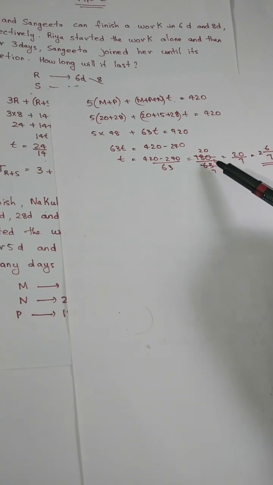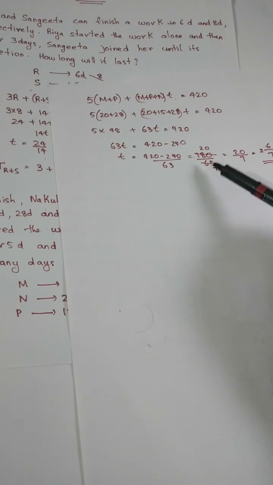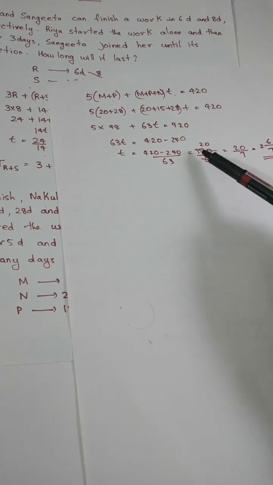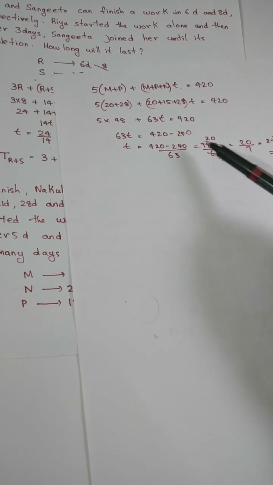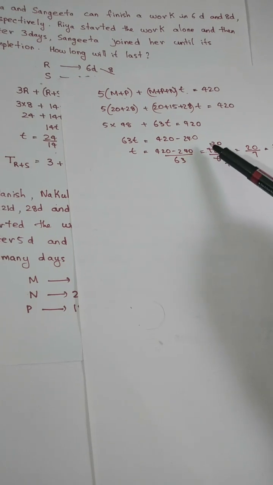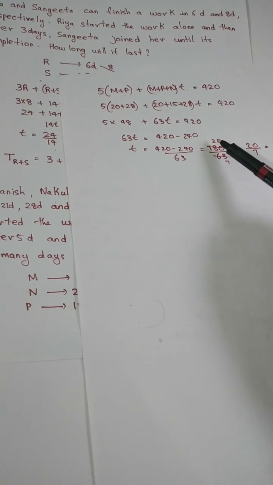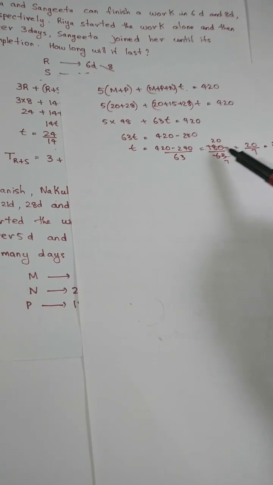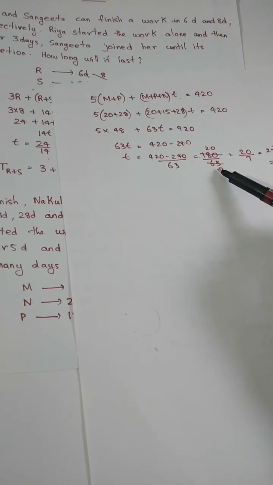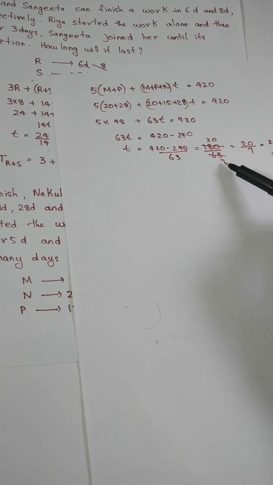There is a common number in 180 and 63: 9 is common in both. So 180 divided by 9 is 20, and 63 divided by 9 is 7. So 20 divided by 7 would be the days.